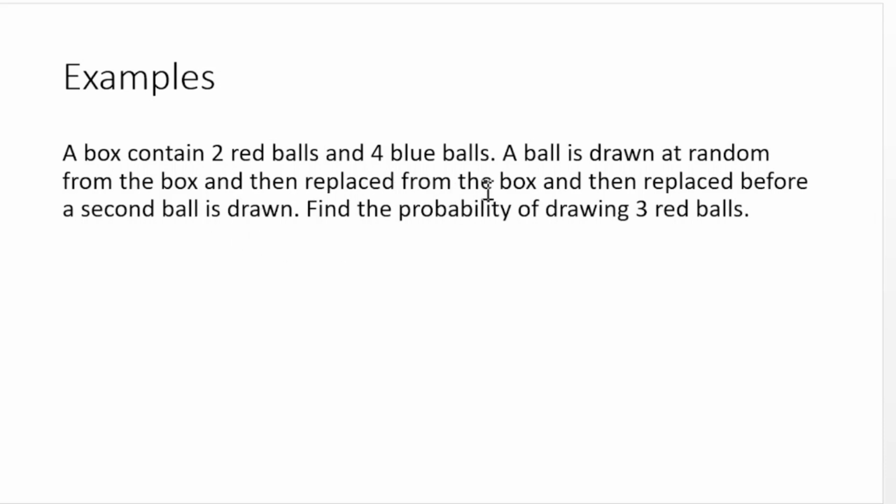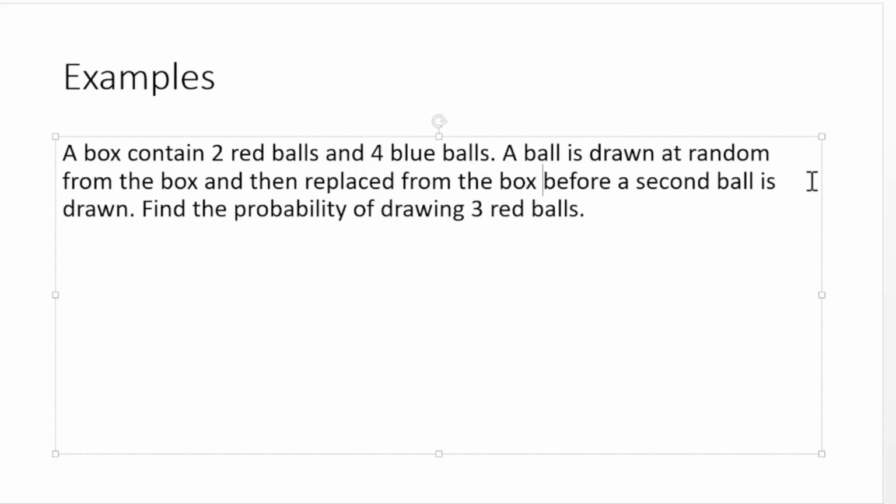So this one is just a typo error here. Find the probability of drawing three red balls. You can see that when you pick one ball, you are going to replace it.